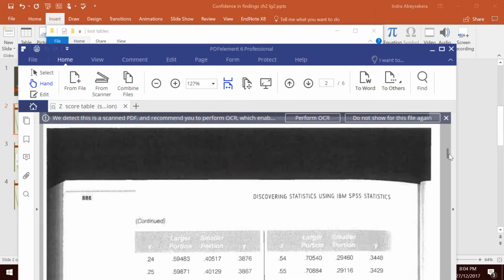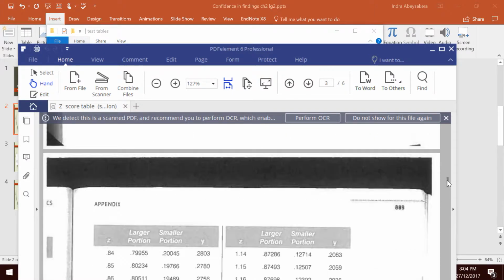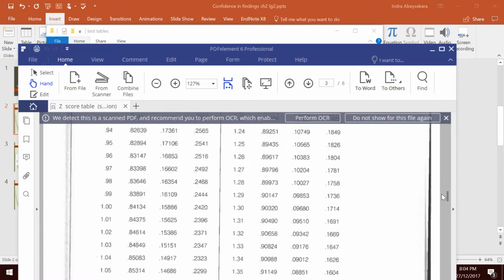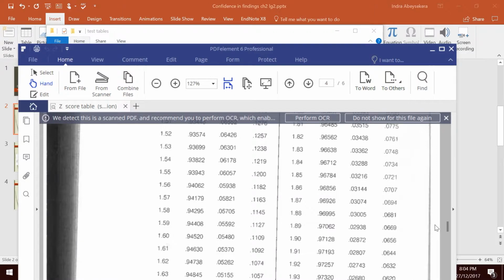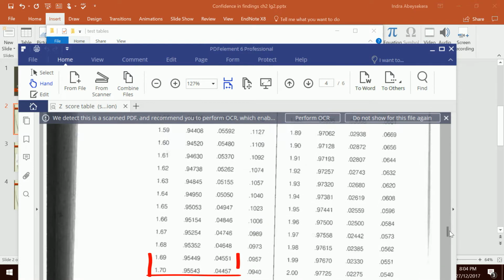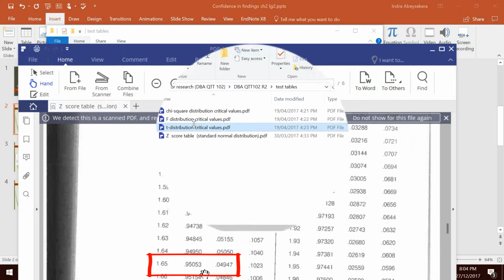So if you are looking for a 95% confidence level, we look for a larger portion of 0.95, and we can see it is 1.65, larger portion of 0.95053.